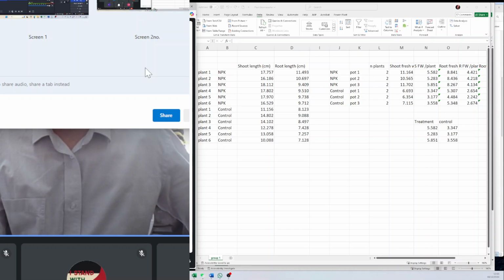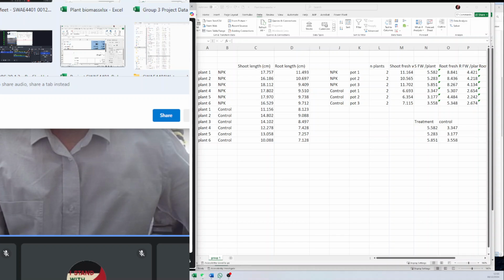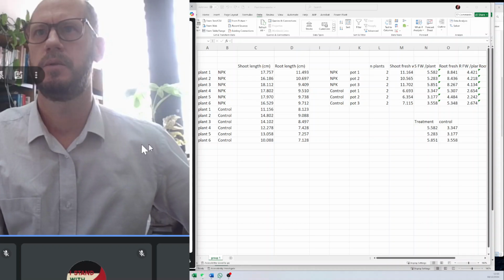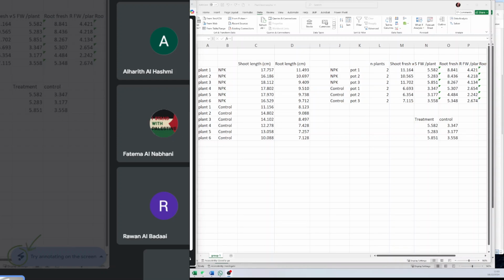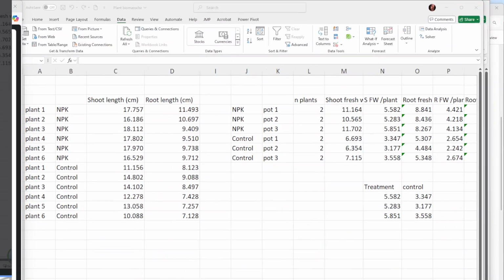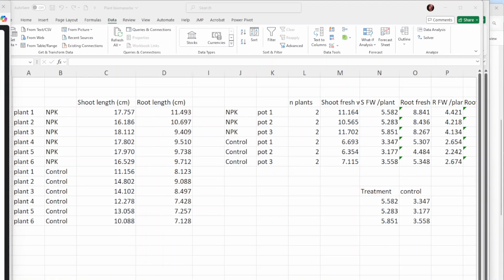Window. How do I share this? All right. Can you guys see this? Can you see the screen? Doctor, clear.